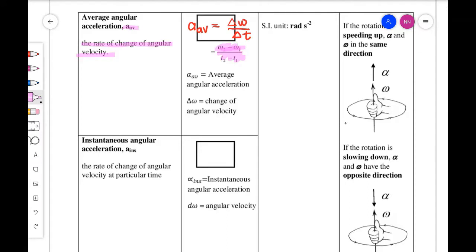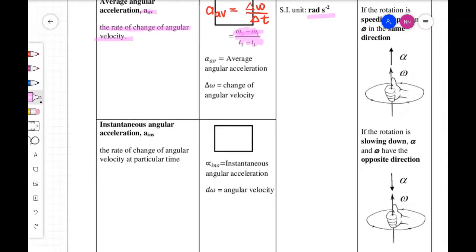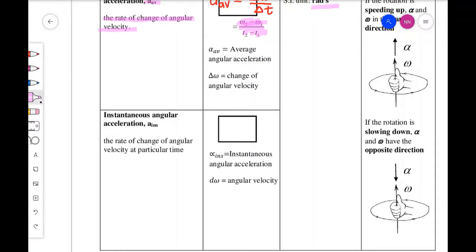The SI unit for average angular acceleration is radian per second squared. Then instantaneous angular acceleration, alpha instantaneous, is defined as the rate of change of angular velocity at a particular time.